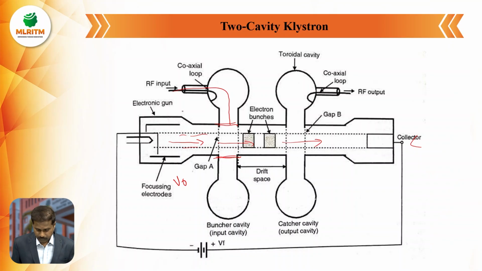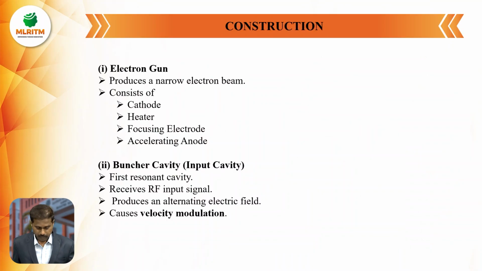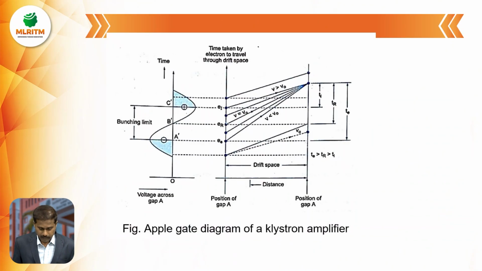See here, this is the alternating signal in the space between the two cavities. If the electron hits the positive peak of that alternating signal, its speed will be higher.